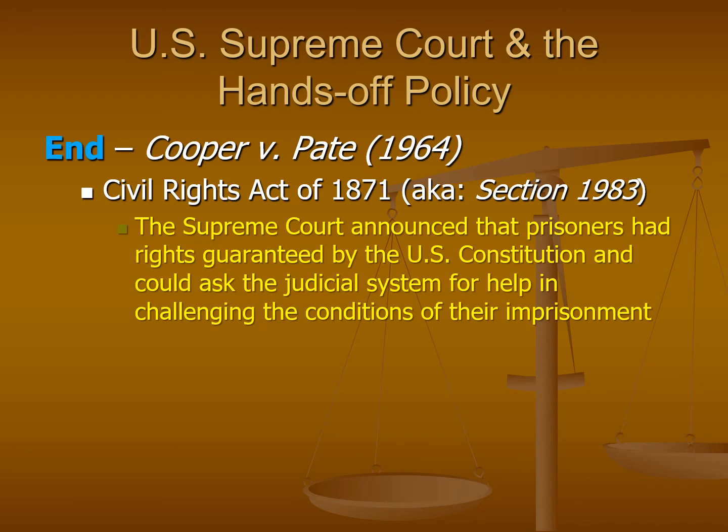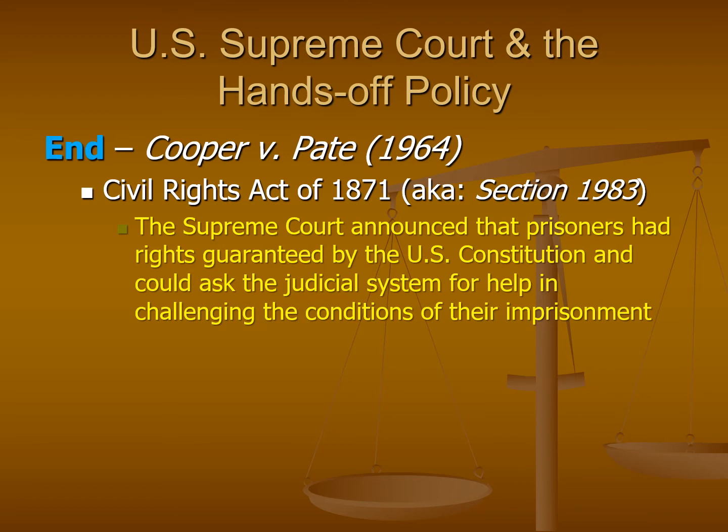And what this did in this case is the U.S. Supreme Court, by referencing the Civil Rights Act of 1871 and specifically Section 1983, announced that prisoners had rights guaranteed by the U.S. Constitution, and they could ask the judicial system for help in challenging the conditions of their imprisonment. Now, their conditions of imprisonment and what their challenges were pretty broad. There wasn't necessarily a set definition.